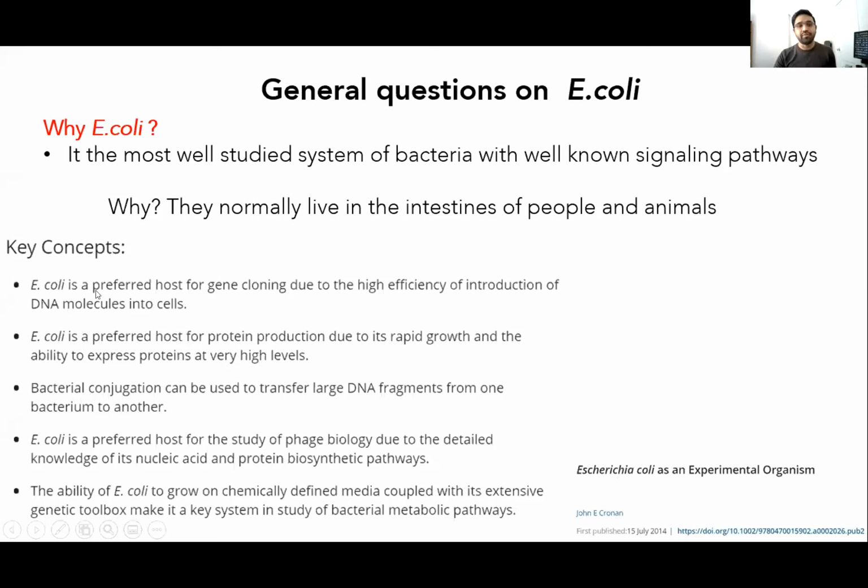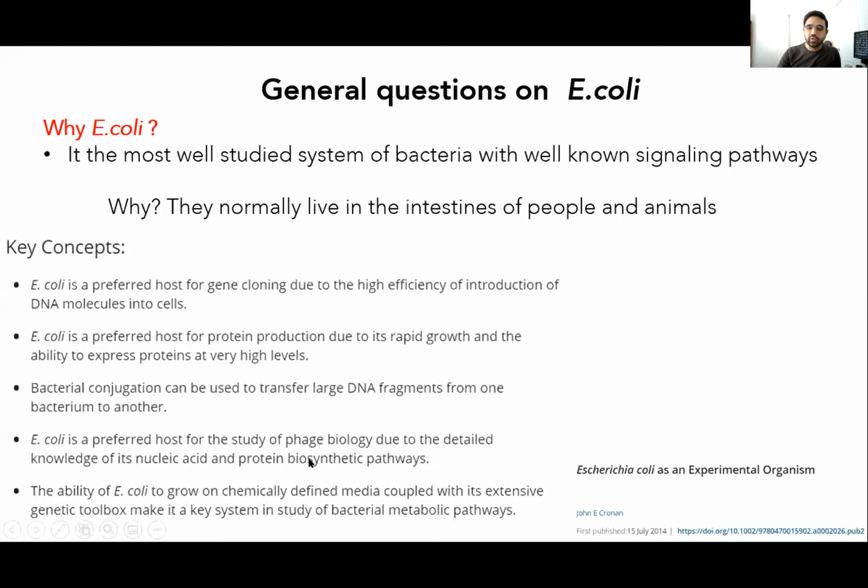It's actually a preferred host for many gene cloning due to the high efficiency of introducing DNA into the cell. It's also used to produce proteins because of its rapid growth and ability to express different proteins. People used it to transfer large DNA fragments from one bacterium to another.